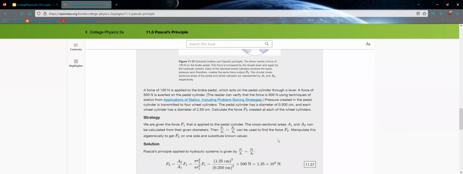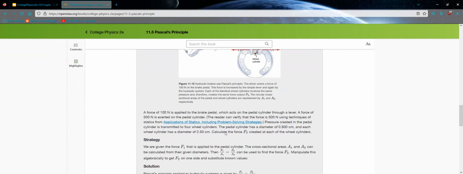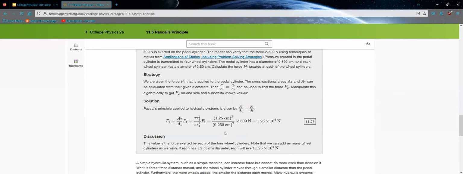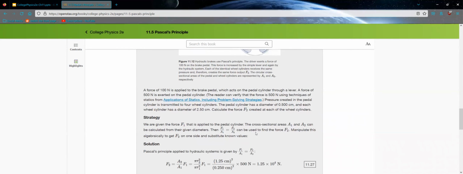Since P1 equals P2, F1 over A1 equals F2 over A2. Cool. So we rearrange this to solve for F2, the force that we care about. And we know A2 and A1 because those are given to us already, right? They're pi r squared, but you don't even care about that because I give you the areas.